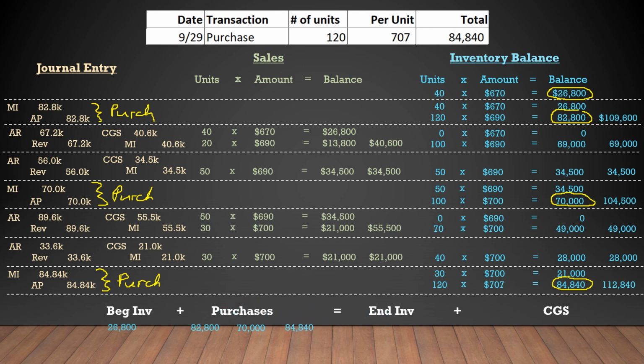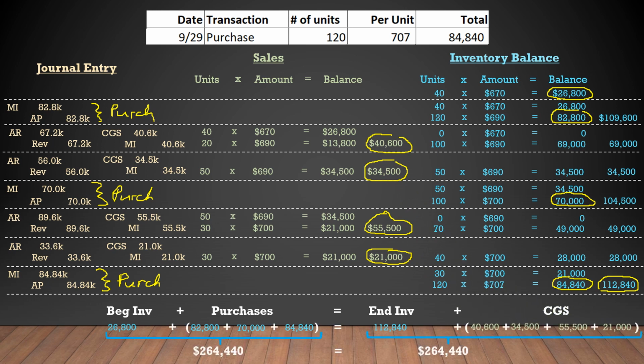On the right side of the equation, we have our ending inventory of $112,840, and all of our cost of goods sold amounts. Work this out, and you'll get $264,440 equal to $264,440.